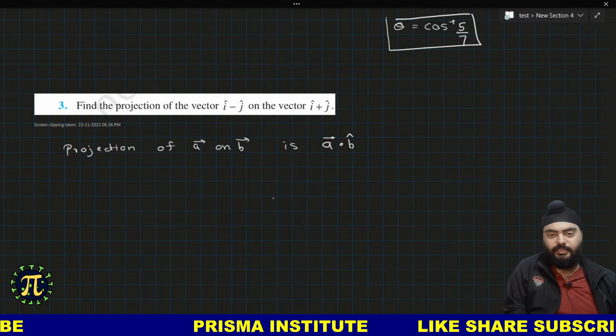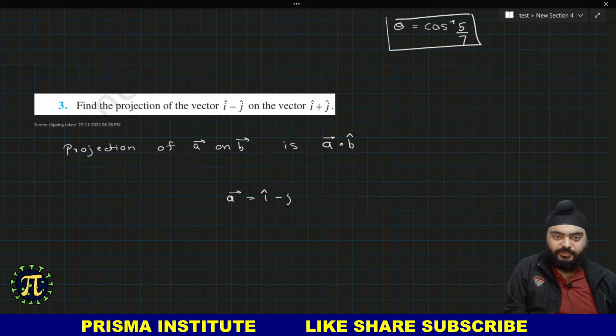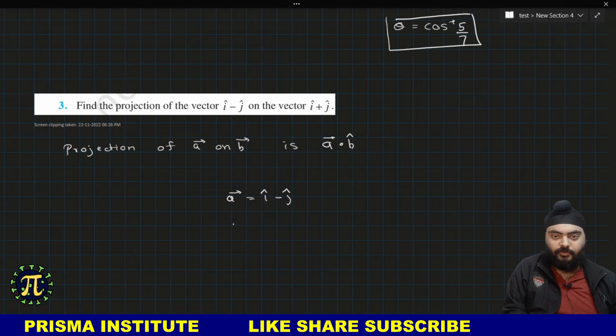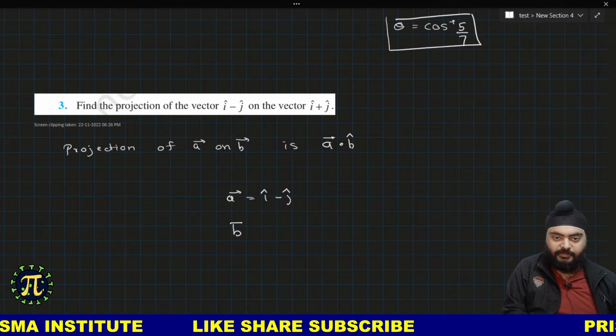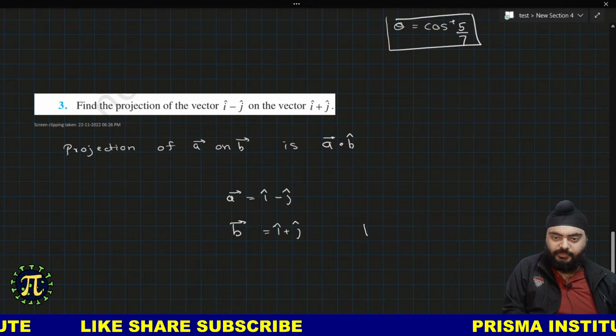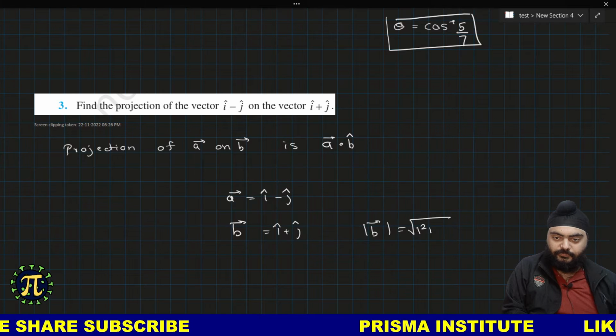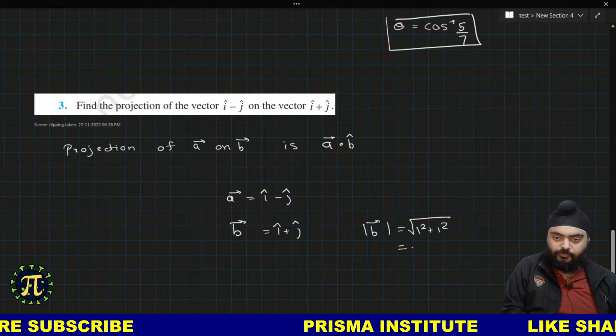Okay. So what is A vector given? I cap minus J cap, because we have to find its projection on B vector. B vector is I cap plus J cap. Let's find mod of B. So magnitude of B vector is square root of 1 square plus 1 square, which is square root 2.